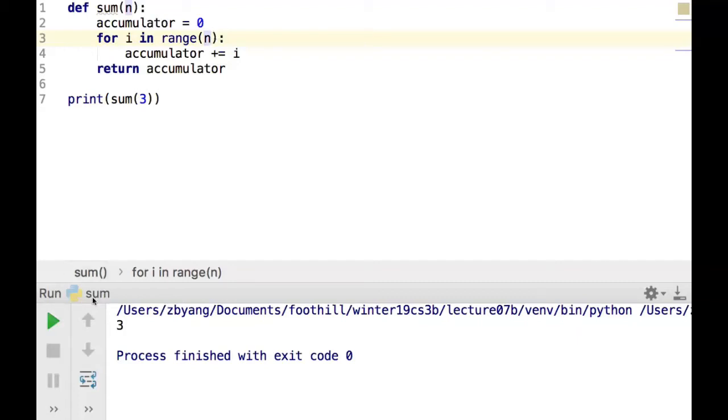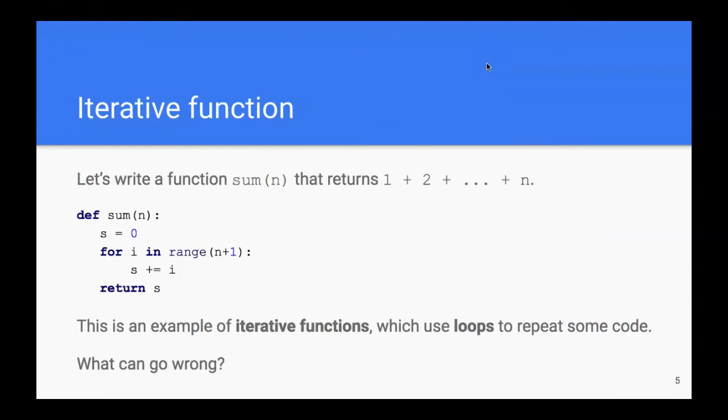And that's why the sum that it gives me is only 3, instead of 6. So what I would have to do is do plus 1 here, so that now it gives us the right sum. Okay, so hopefully you got it right.